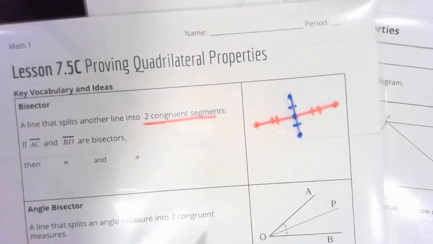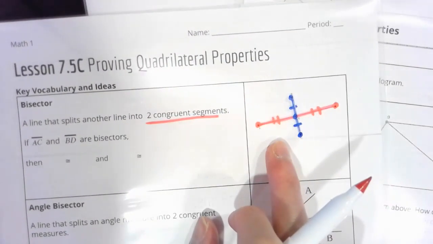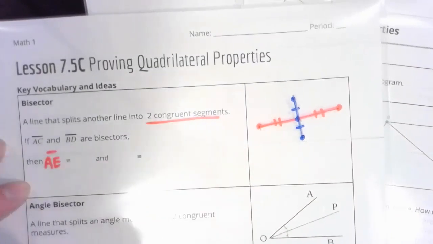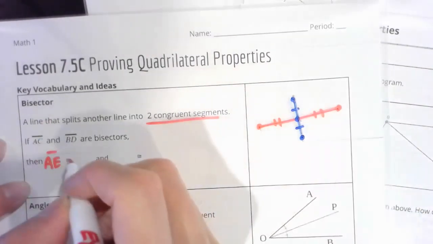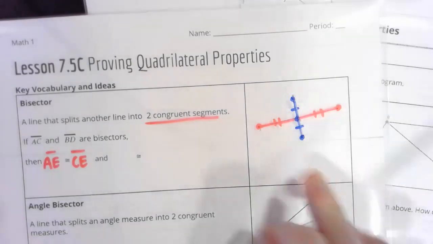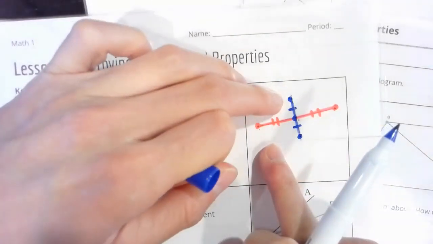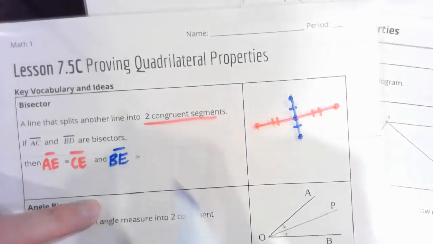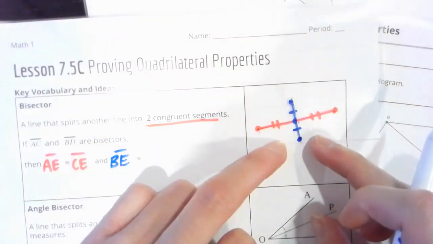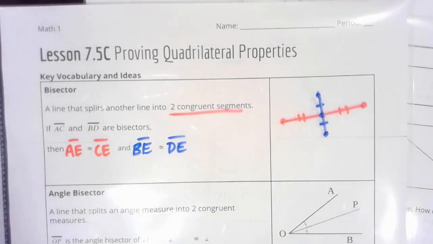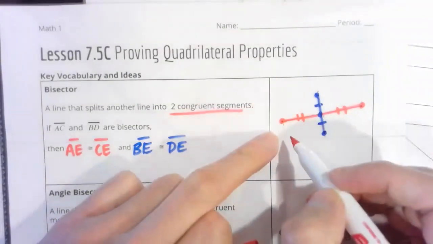So we can say that the midpoint is E. So I can say AE is congruent to CE. And then also, sorry, it's kind of small, BE, that half is congruent to the DE half of that line segment. Okay, so these two lines are bisectors.